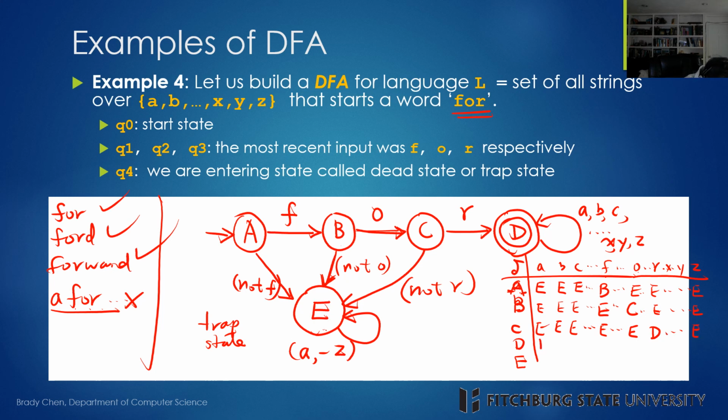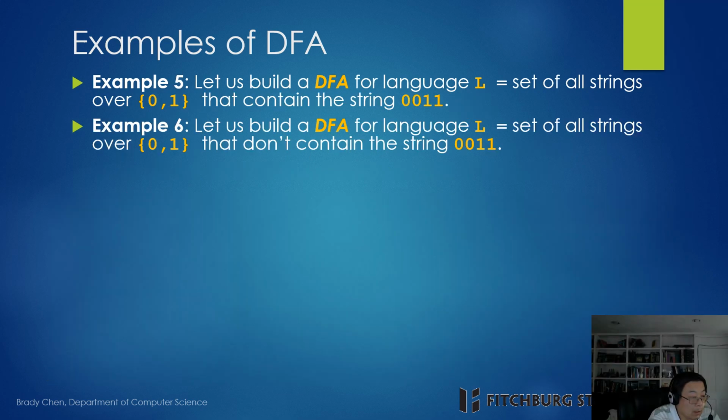So once we're in D, then we stay in D. It's all D. And once you are in E, then you stay in E. That's example 4. Let's look at the next two examples, 5 and 6.